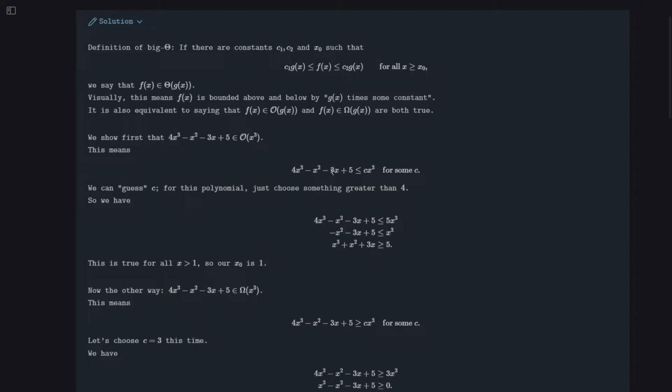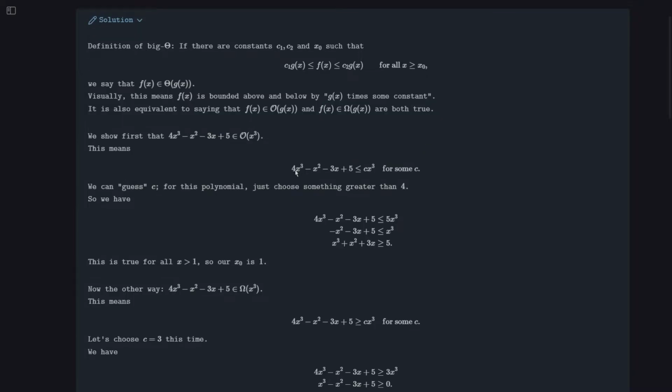We first write the polynomial, we say that it's less than or equal to some constant times x cubed, which is the function in here. Now, in general, when dealing with polynomials in these types of questions, it's best to take the highest degree term and check its coefficient, and let c be equal to any number greater than that.